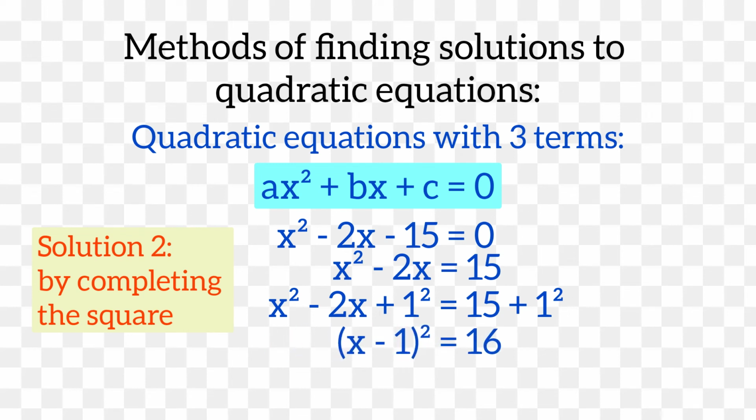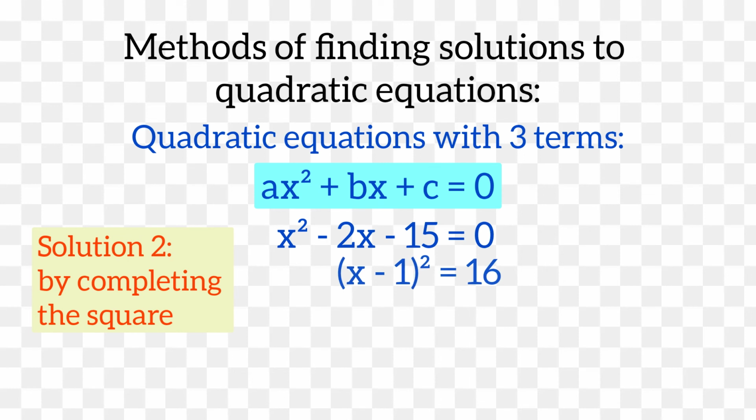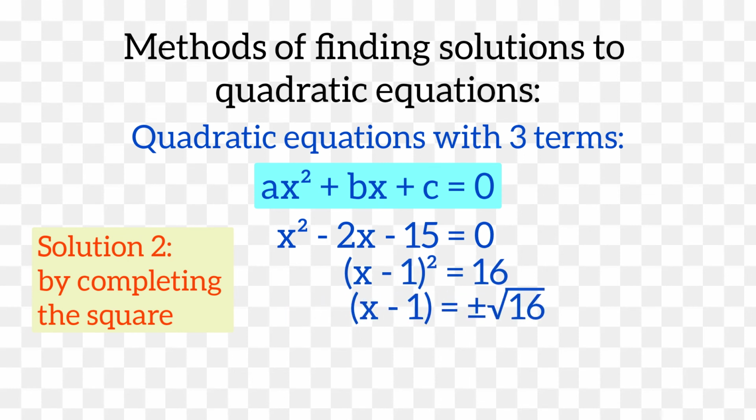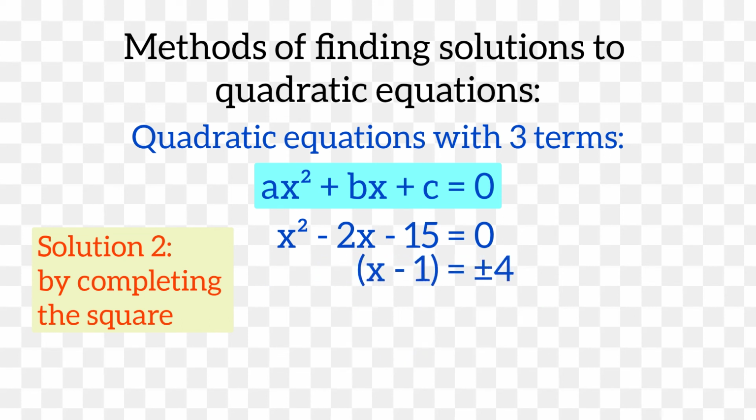And we just add together the constants on the right side. Simplifying, we have our solutions x = 5 and x = -3.